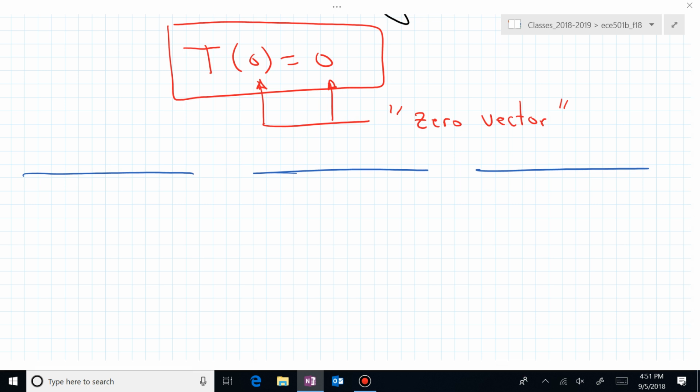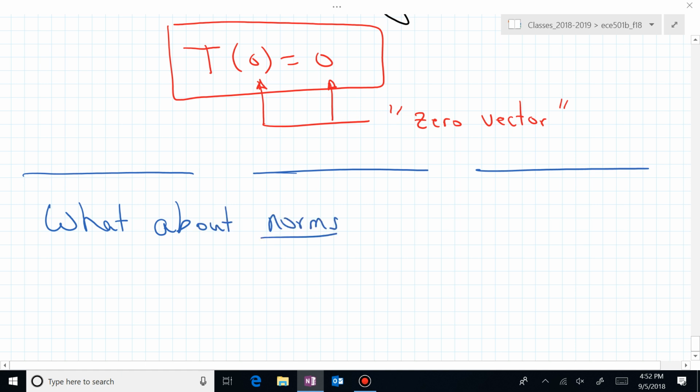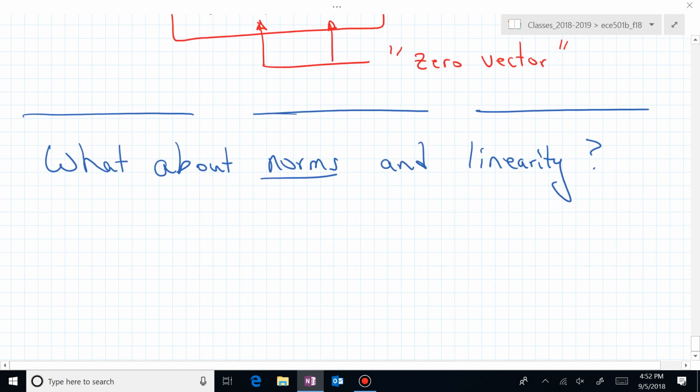But now let's look at something else. Let's look at norms. What about norms and linearity? What we're really maybe asking is the following: are norms linear maps?